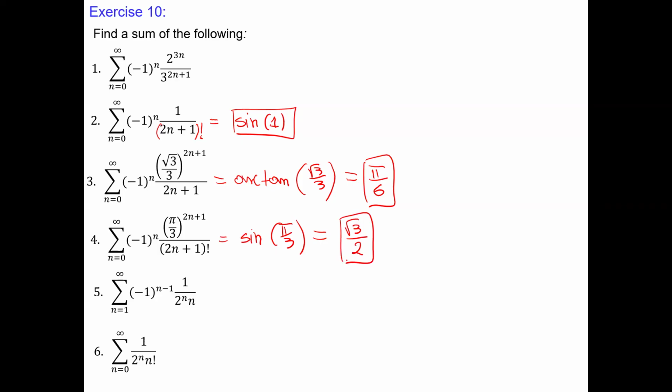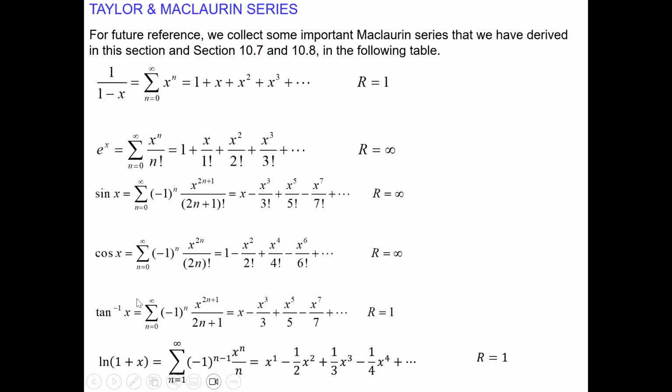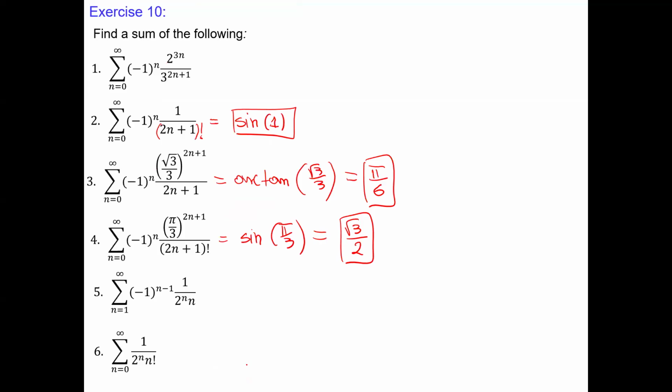Okay, this one is interesting because it is the natural log of 1 plus x. I always look at the denominators: n factorial, 2n plus 1 factorial, 2n factorial, 2n plus 1 only, and n. That's how we can maybe force ourselves to memorize.